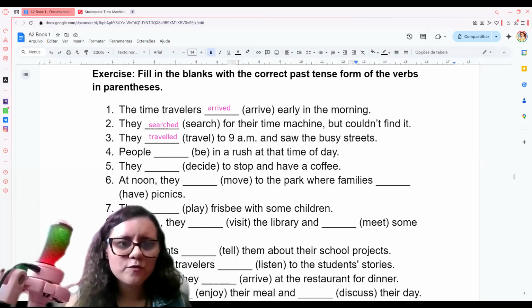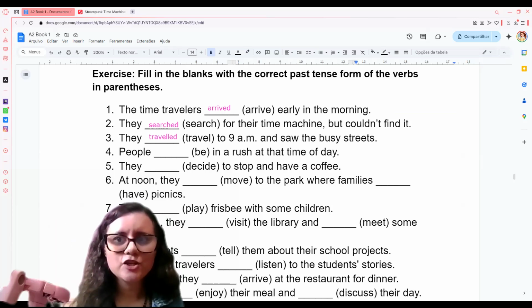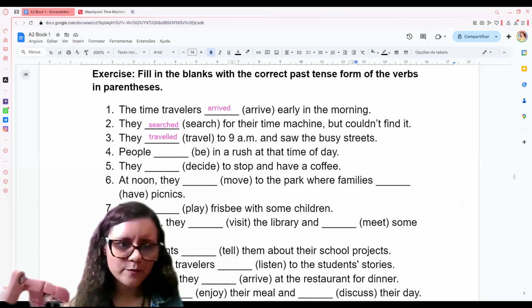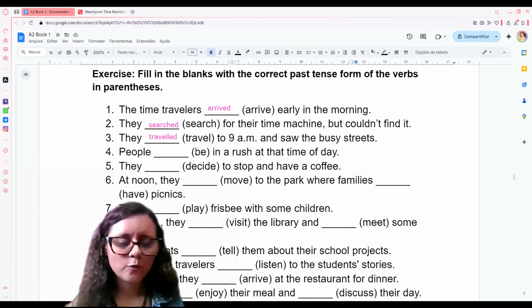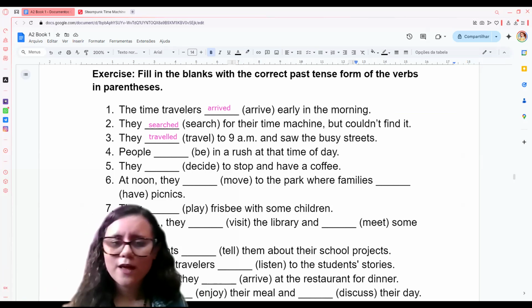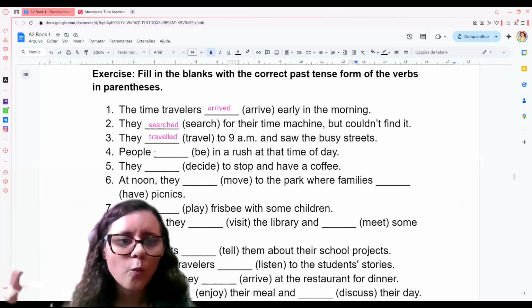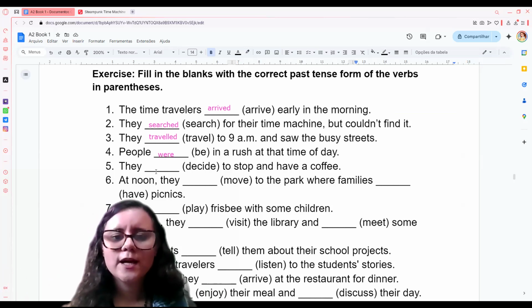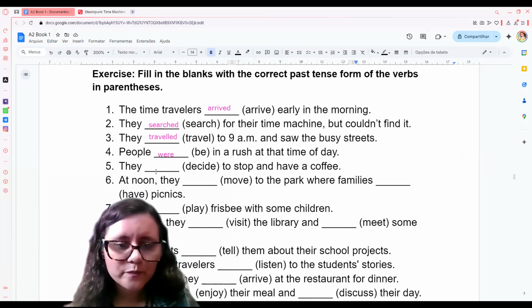Was we use for I, he, she, and it. And were for all the other people, like we, you, and they. People is a plural word, so the form is were. People were in a rush at that time of day.